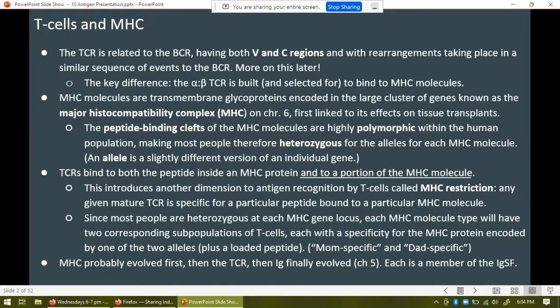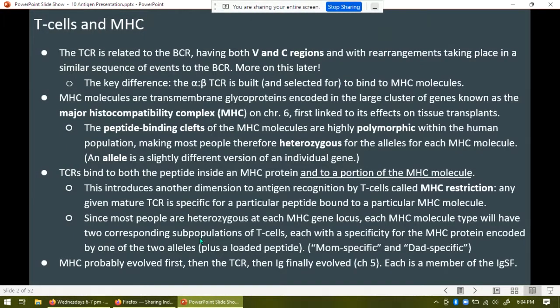So basically, you inherit a chromosome 6 from mom, and you inherit a chromosome 6 from dad, right? And so for every MHC1 protein you have from mom, you're going to have a different one from dad. So for every MHC1 gene you have, you actually really have 2 unique copies of it, because almost everybody is a heterozygote at every locus.